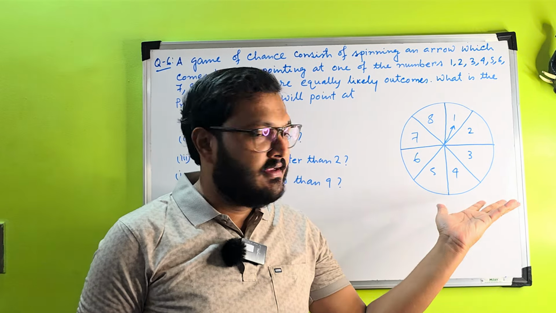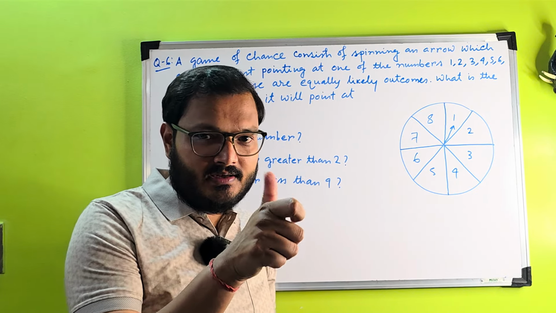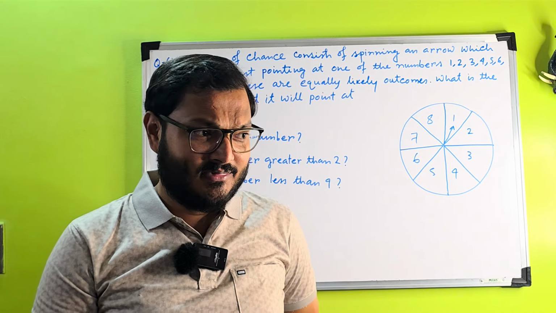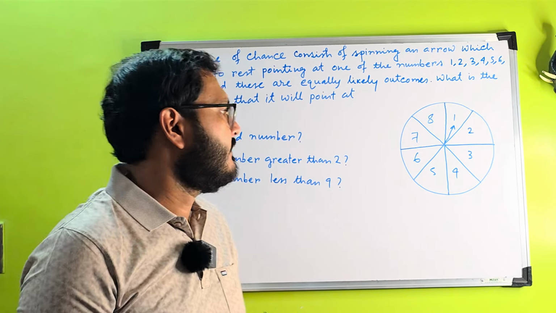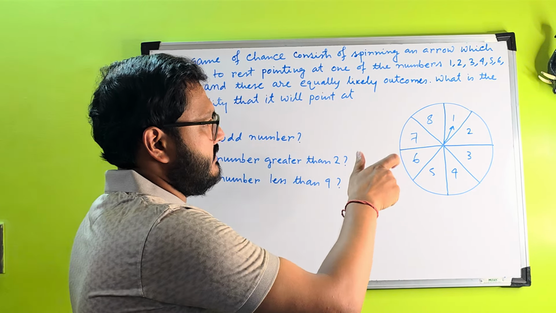Look at this figure here. So this is an arrow, spinning, like a gambling game actually.